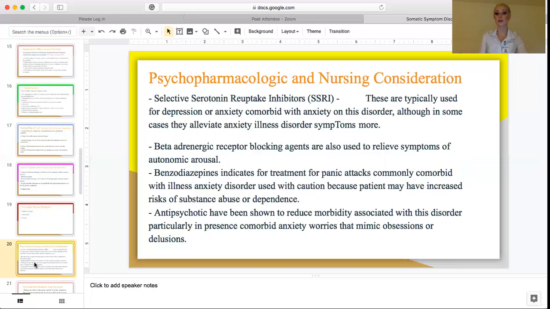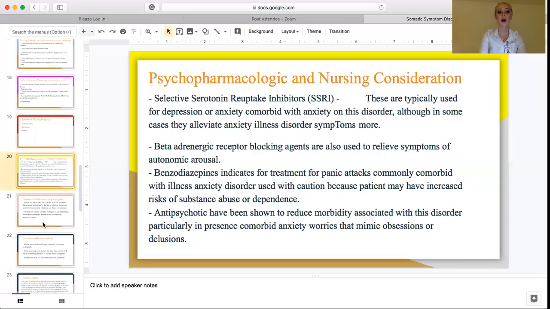Benzodiazepines are indicated for the treatment of panic attacks, commonly comorbid with illness anxiety disorder, but are used with caution because patients can have increased risk for substance abuse or dependence. Antipsychotics also have been shown to reduce morbidity associated with this disorder, particularly in the presence of comorbid anxiety worries that mimic obsession or delusions.